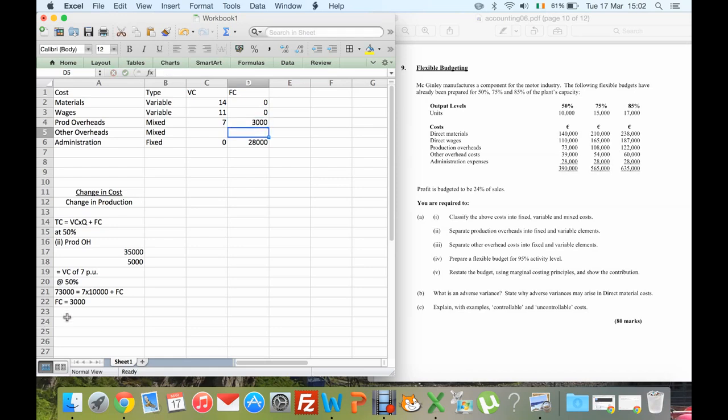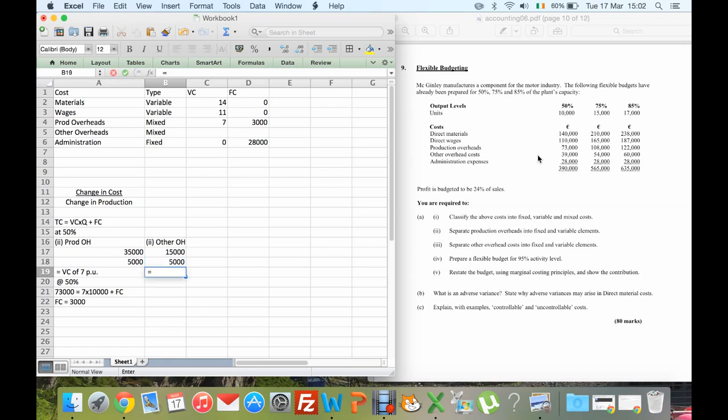So I'll do the same for number 2. I'll do it over here. And this is other overheads. So what happens to other overheads? From 39 to 54, well, that's 15. So we'll have 15,000 over the increase of 5,000.